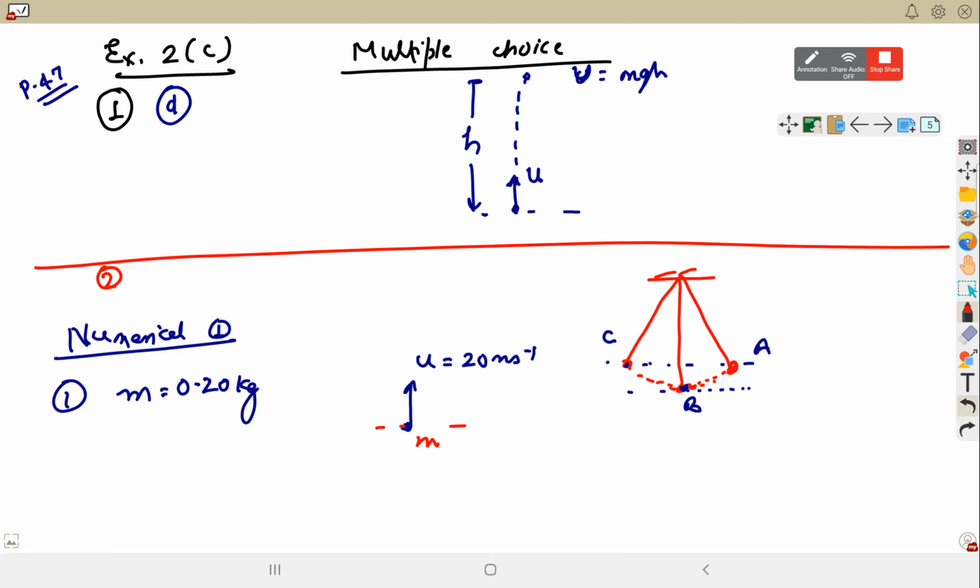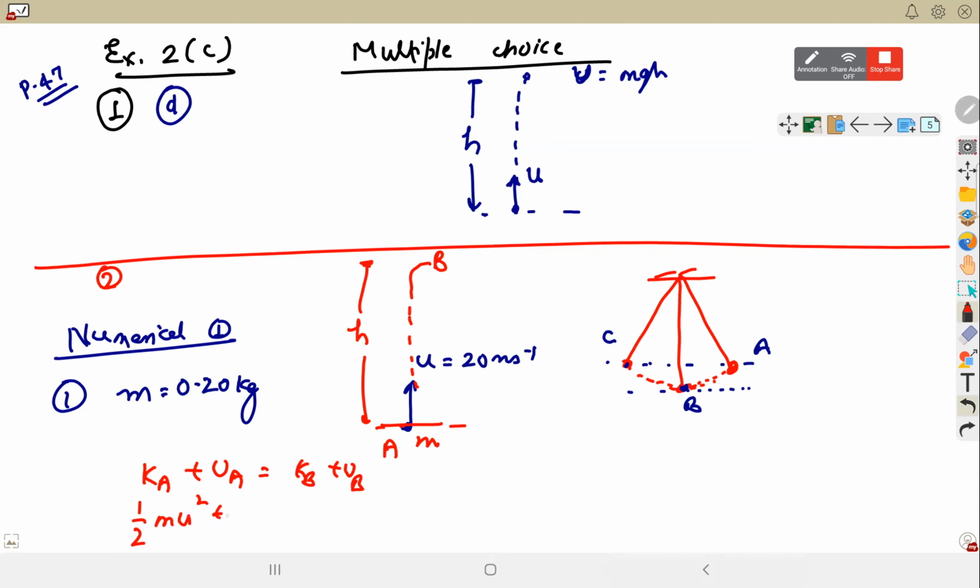Otherwise, we could have used directly that the total kinetic energy at the lowest point converts into the potential energy, so we don't need to calculate the height. We can directly apply the conservation of mechanical energy: kinetic at A plus potential at A is equal to kinetic at B plus potential at B. At A, kinetic energy is half mv square, potential energy is 0 because that is the ground level.